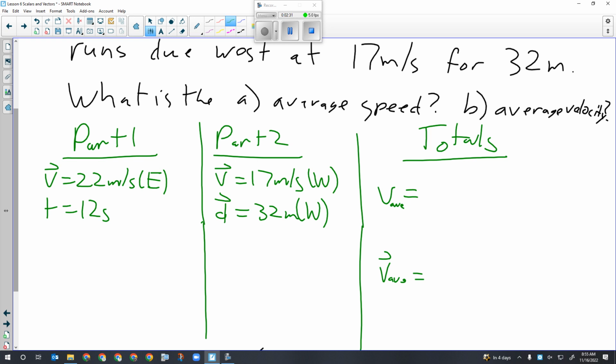Right, for speed, I need the total distance and the total time. And what do I need for average velocity? Total displacement and total time.